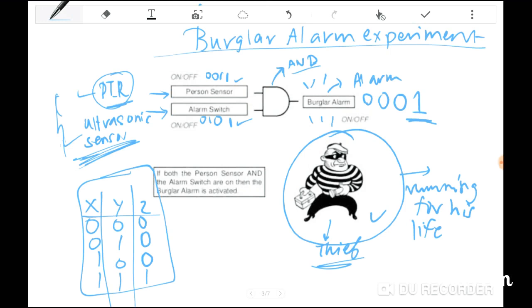When both of them are suspicious that something is happening in front of us, they will trigger the alarm and tell the house owner that a thief is trying to loot your property. So please catch that thief.